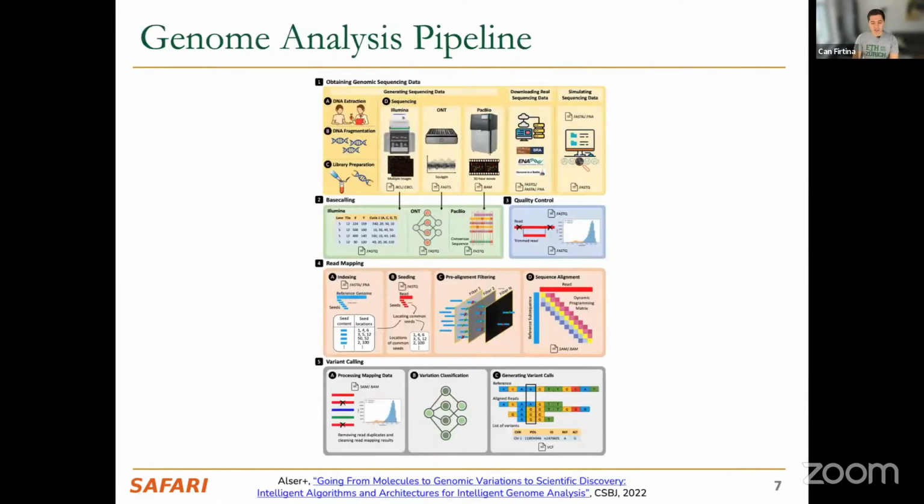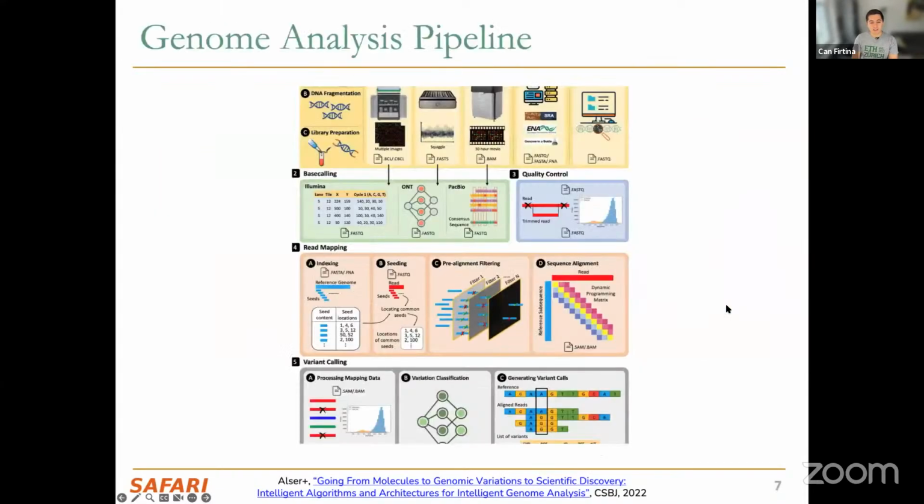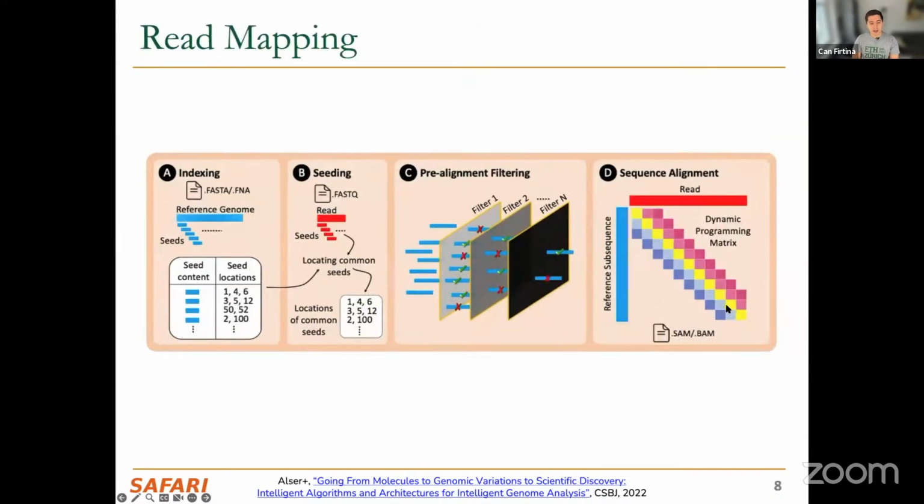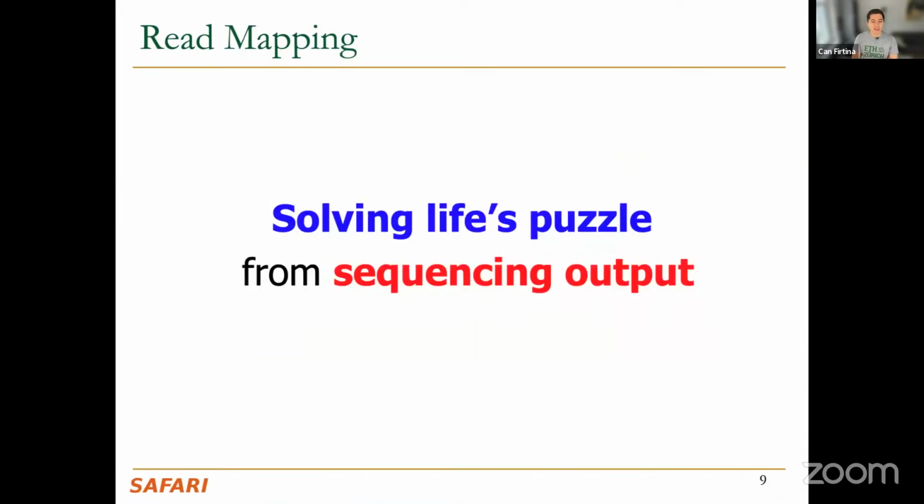And this is the pipeline that we are interested in covering throughout our lectures. We already covered the sequencing part, and we will be focusing on this other step in the genome analysis, which is the read mapping step, that tries to solve that puzzle.